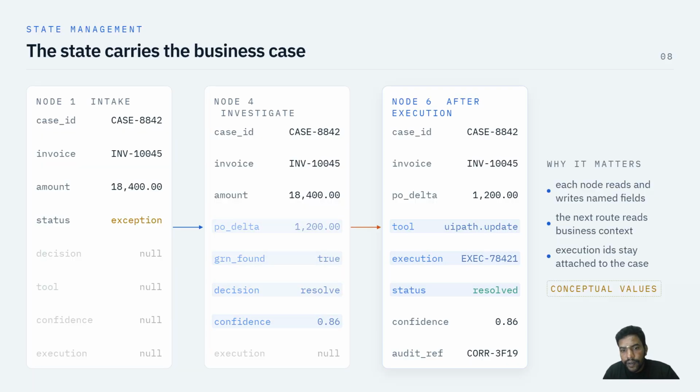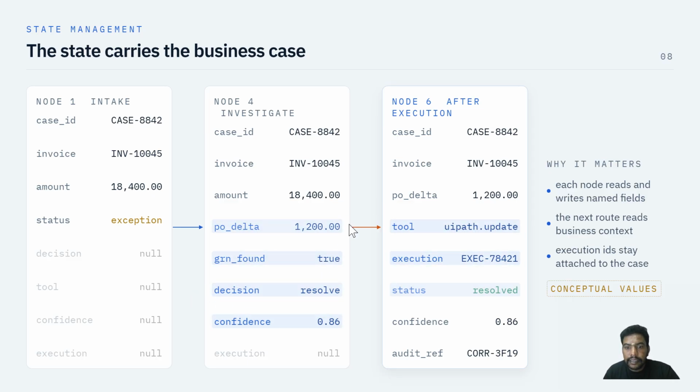First, every node reads and writes named fields, so you can test a node in isolation. Second, the next routing decision reads business context rather than conversation text. And third, when this case is questioned six months from now, the state is the story of what was known and when it was known. The value of this is illustrative, right?